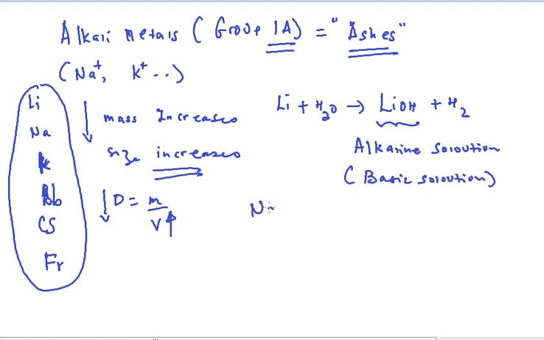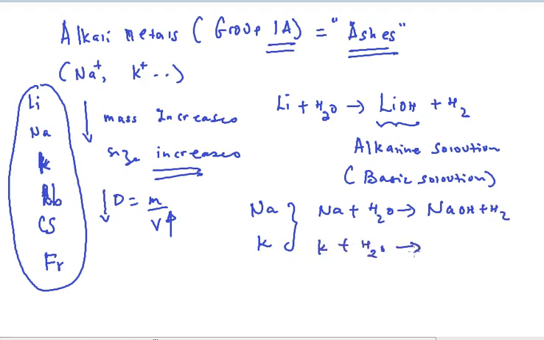When sodium reacts with water, you get sodium hydroxide plus hydrogen. Potassium reacts with water to give potassium hydroxide plus hydrogen. The reaction is very aggressive, a violent reaction. Those are the characteristics of group 1A elements.